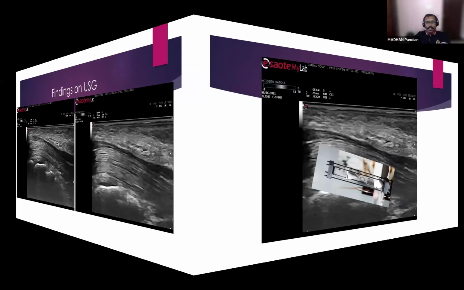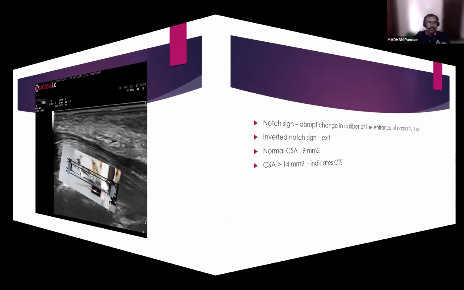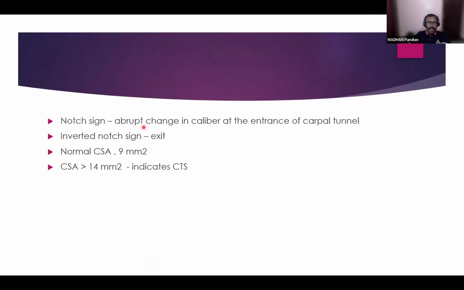Right. So this is the typical hourglass appearance. This is the proximal end and this is the distal end. On both sides you've got the notch sign and the inverse notch sign in the same patient. There is a long segment of the nerve which is narrowed down. There is an abrupt change in the caliber at the entrance of the carpal tunnel. That's called the notch sign. The same thing happens at the exit.